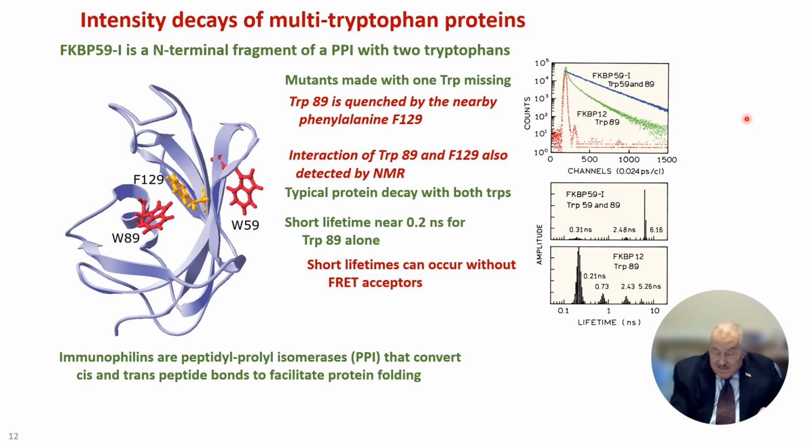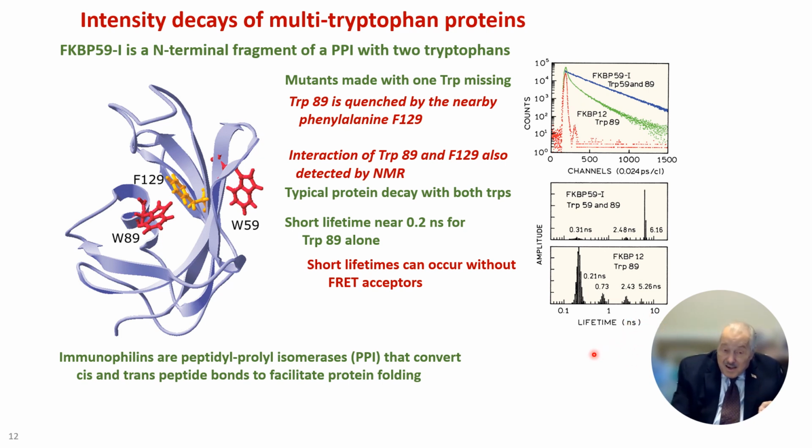And that's this decay up here. When we got rid of the longer-lived tryptophan, we wound up with a much shorter intensity decay. The lifetime distribution is shown down here, and here most of the lifetime is very short.